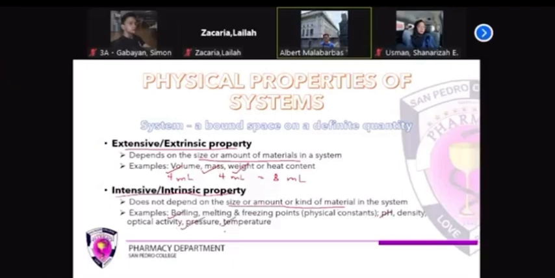For example, if you add 4 ml of a liquid that will boil at 100 degrees with 4 ml of another liquid that will boil at the same temperature, although their volume becomes equal to 8 ml, overall the boiling point will still be at 100.